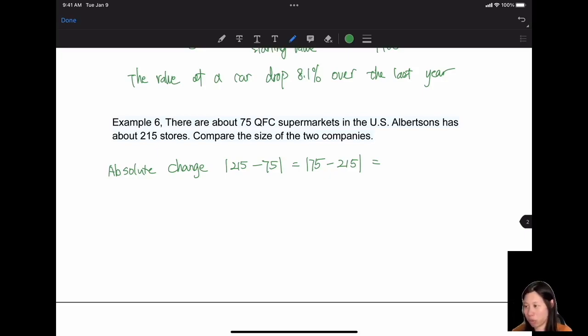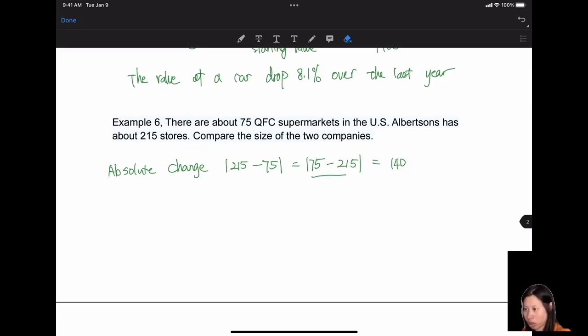If you use the first one, you will end up with a positive 140. If you use the other, it will be negative 140, but after taking the absolute value, they both equal 140. So the difference between the number of Albertsons stores and the number of QFC stores is 140.